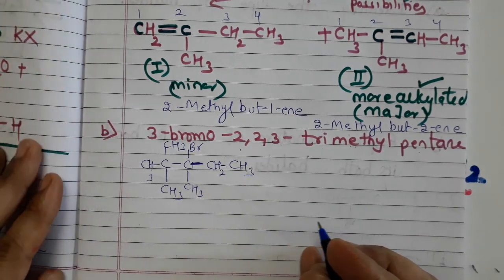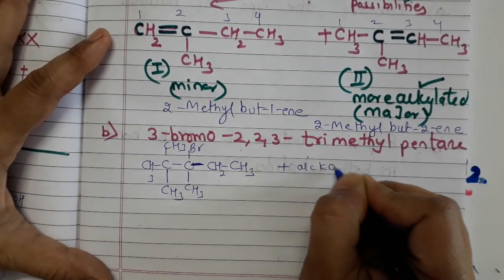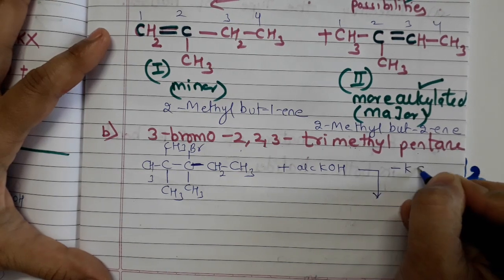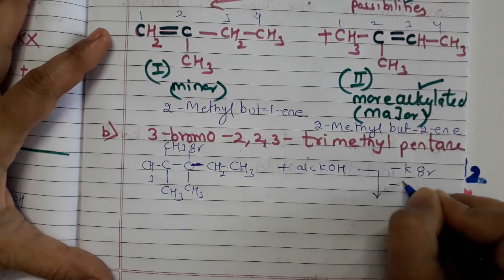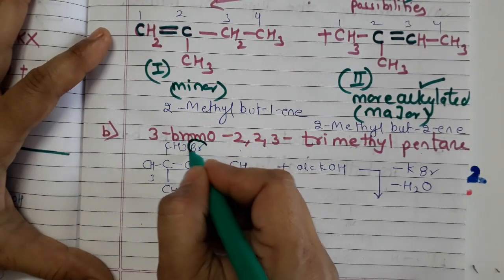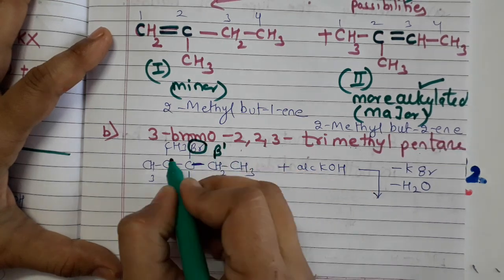Okay, now we are going to add alcoholic KOH, and we know minus KBr, minus H2O. So Br will come out, this we know, but there is a competition between beta hydrogen atoms.